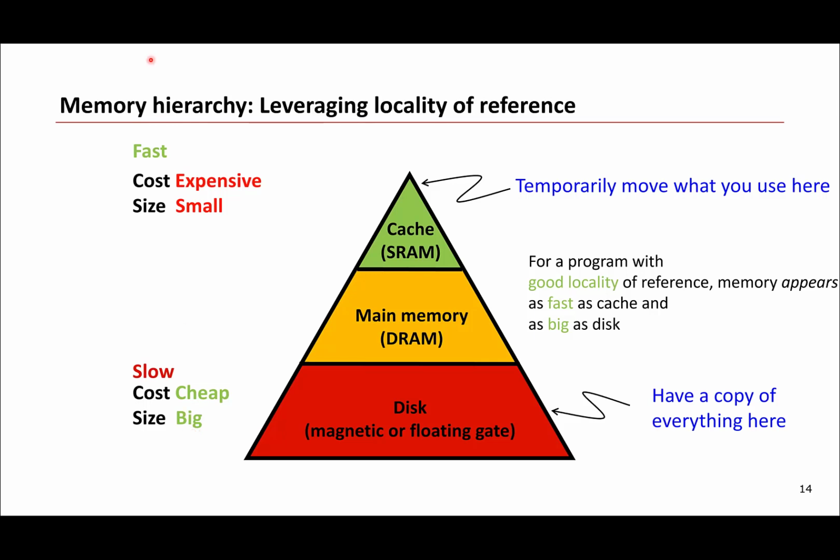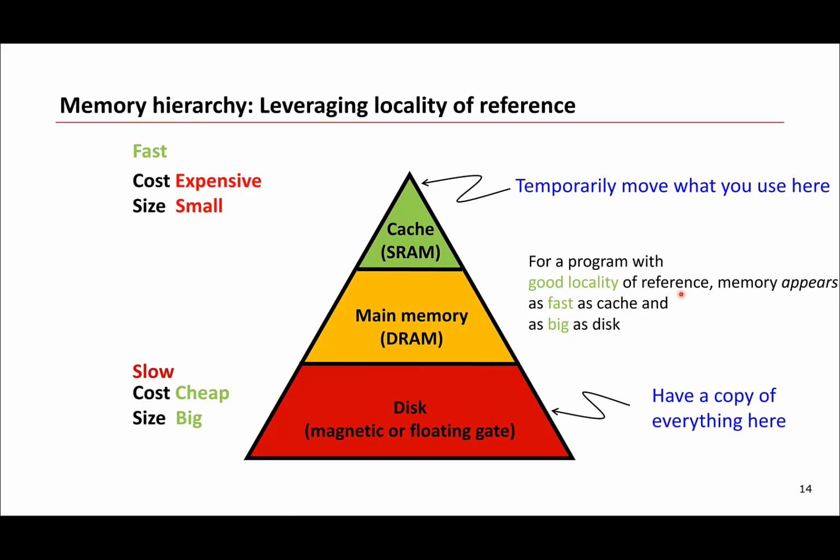Now, in order to get the benefit of the cache's performance, what we typically try to do is exploit the behavior of a program, where we see that most programs exhibit what's called a locality of reference.